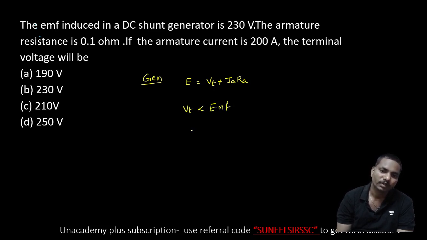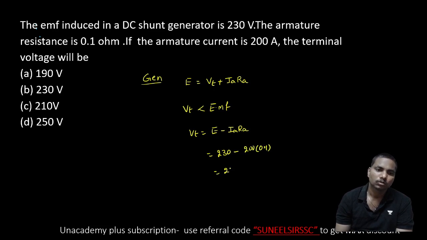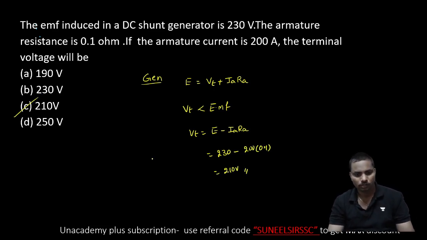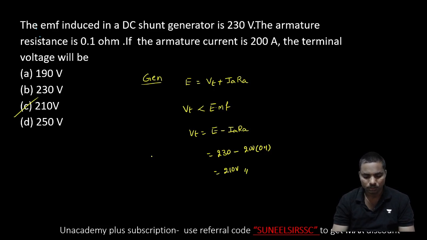So the terminal voltage is nothing but the generated EMF minus drop. Generated EMF 230 volts is given, and IA is 200, RA is 0.1. That is 20, so 230 minus 20 is 210 volt. So the answer is option C.